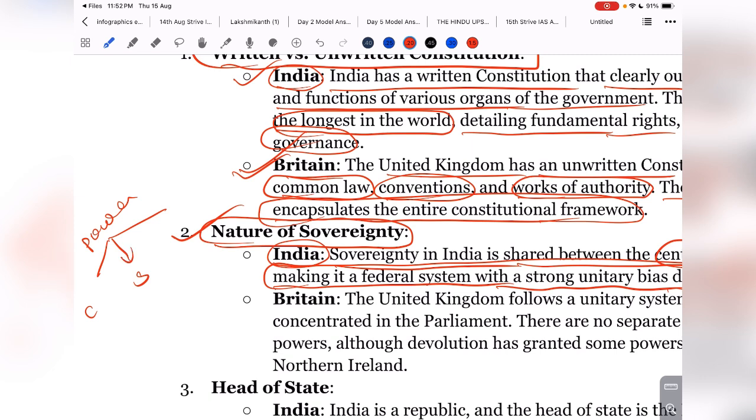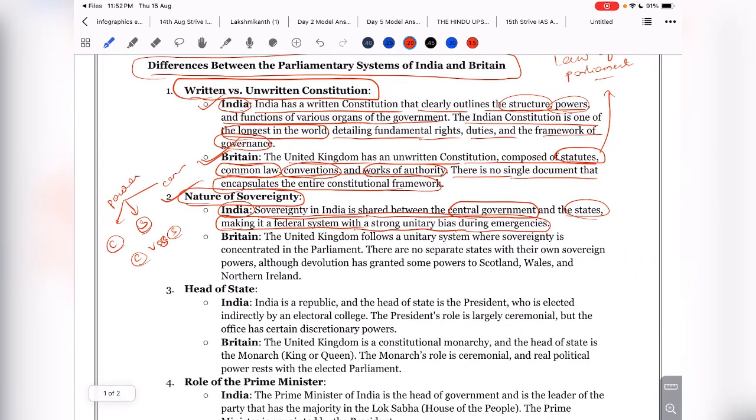So power is divided between center and states. But in case of the UK, all power rests with the union only.